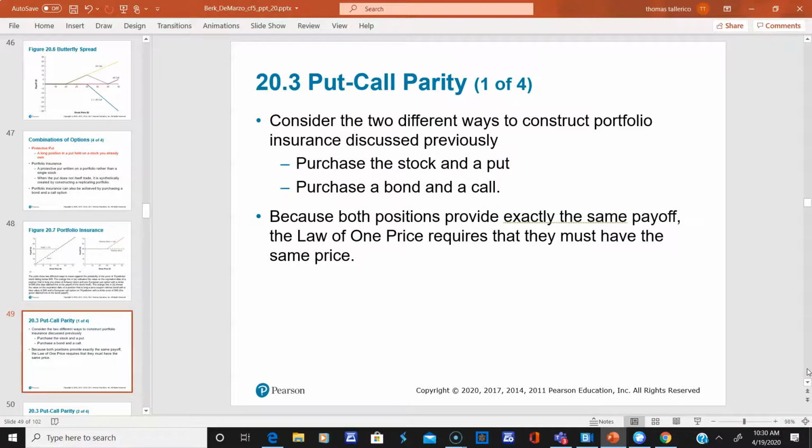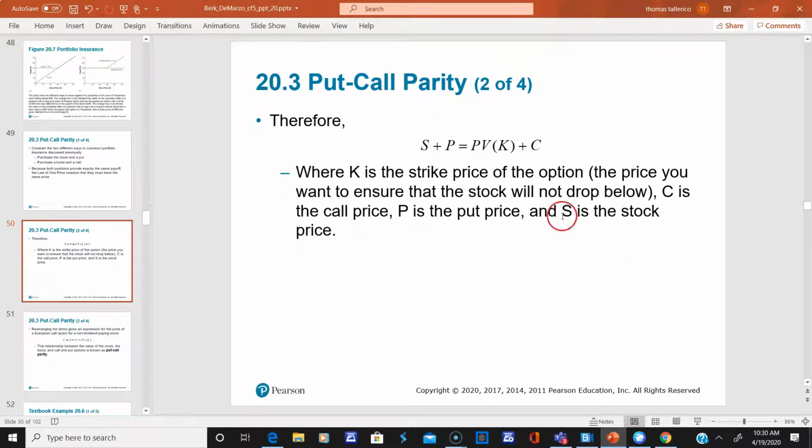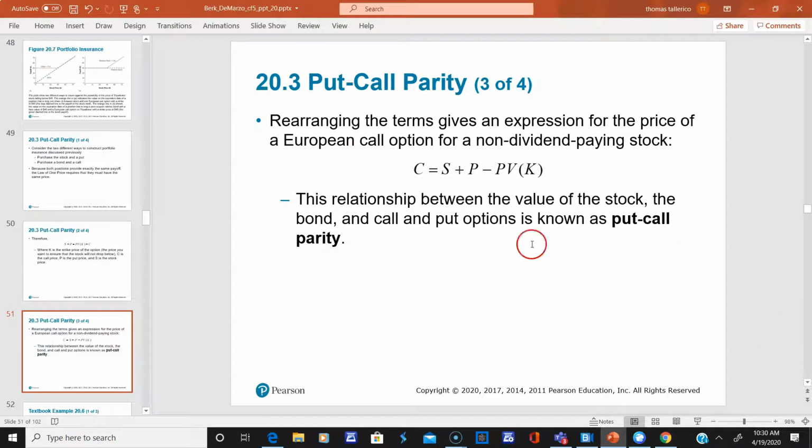Once you know the price of a call, you know the price of a put. So you can see how we're setting these equal to each other. Here's the present value of the strike and the call, and here's the stock and the put. If I rearrange the terms, this is a very important concept.